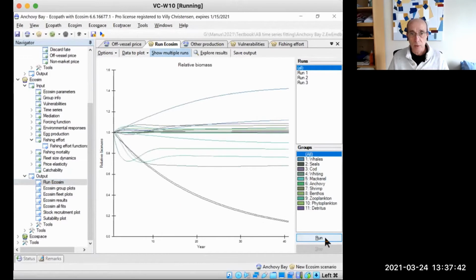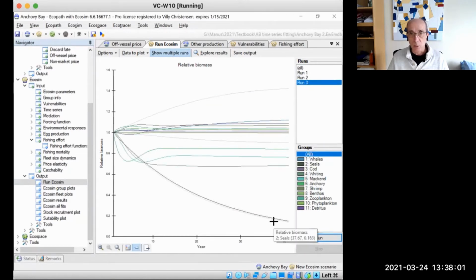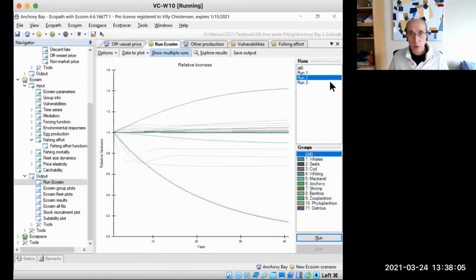Now we have 2 runs, and we're seeing quite different results. Like we're seeing here, we have 3 runs. Yeah, run 1 and run 2 are the same. So run 3 here, we see seals are going down almost the same. But look at whales.